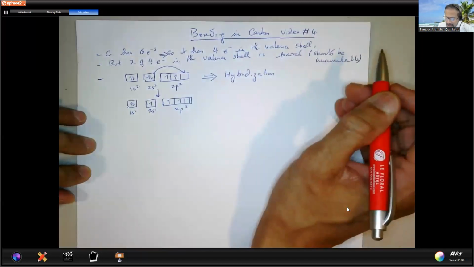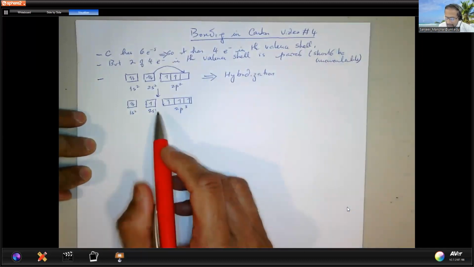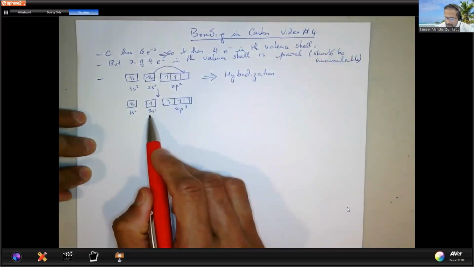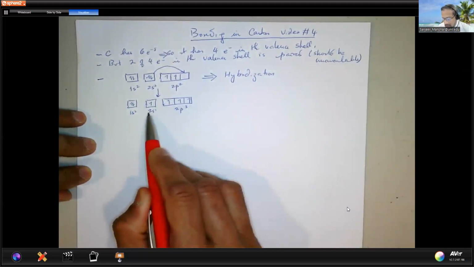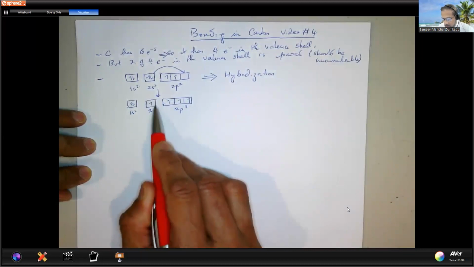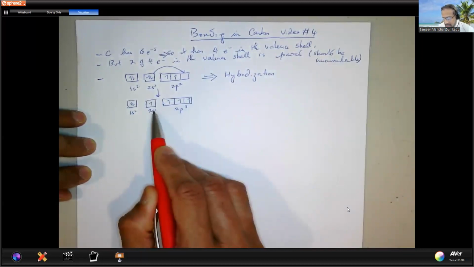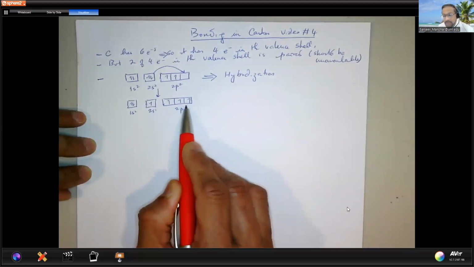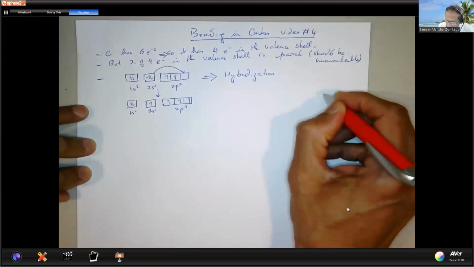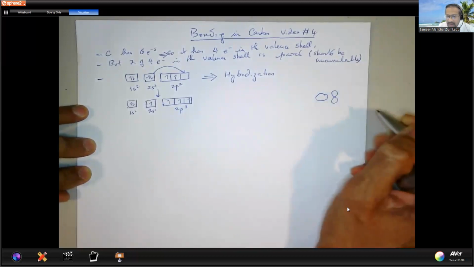Hybridization goes a little bit more in that you can have this S mingling with all the 3 P's, or the S mingling only with 2 P's and leaving 1 free, or the 2s can mingle with only 1 P, leaving the other 2 P orbitals free. Remember, the S orbital is spherical, the P orbital is like a dumbbell, right?